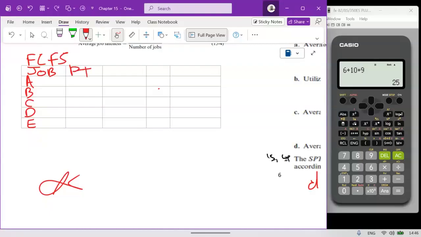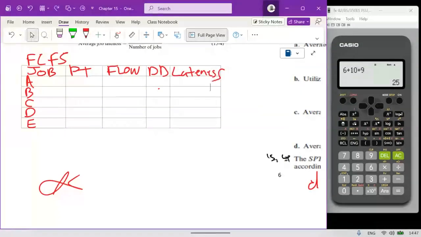And then we have your flow time. And you have your due date. And you have your lateness.